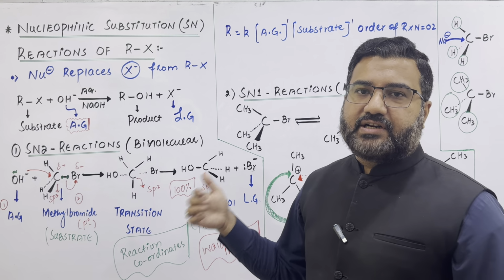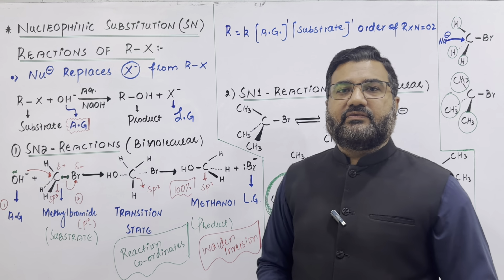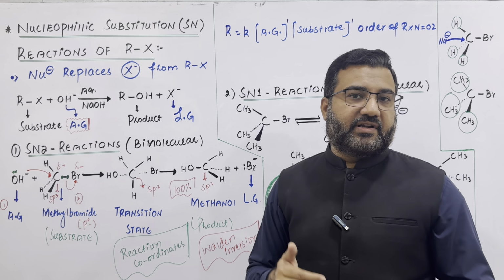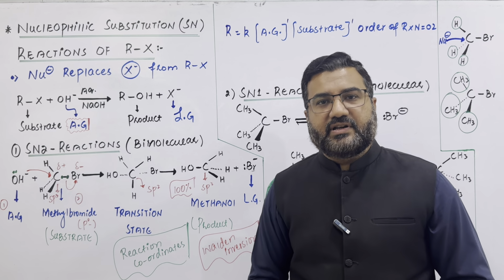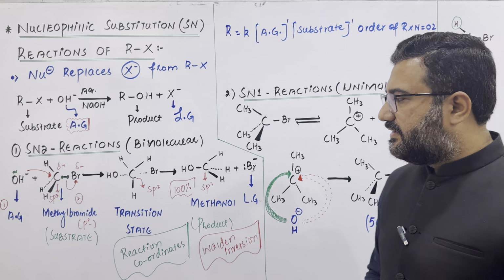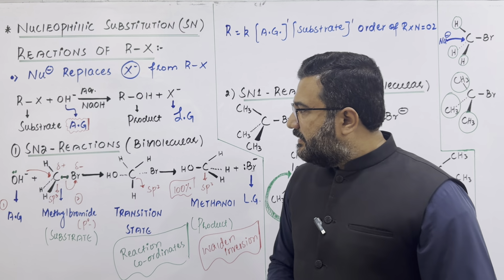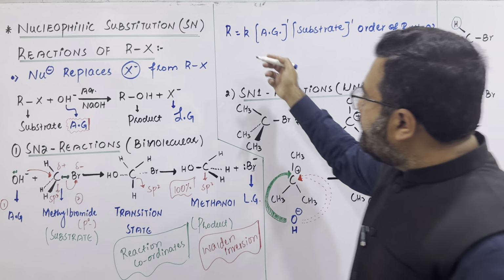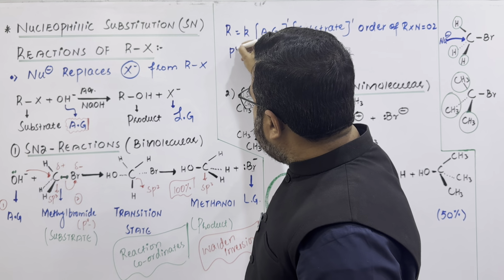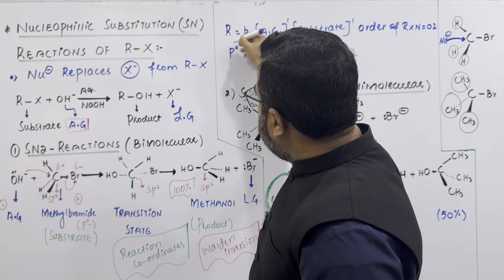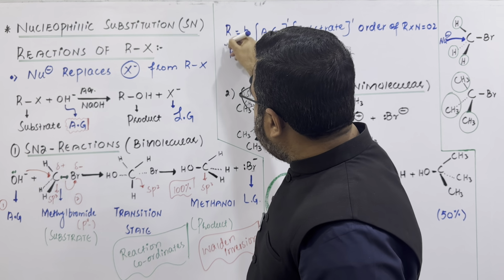And if the substrate is levorotatory, the product will become dextrorotatory due to this inversion of configuration. This inversion of configuration is proved by the optical activity of the substrate and that of the product. So, my dear students, SN2 reactions are most favorable with primary, then secondary, and least favorable with the tertiary.